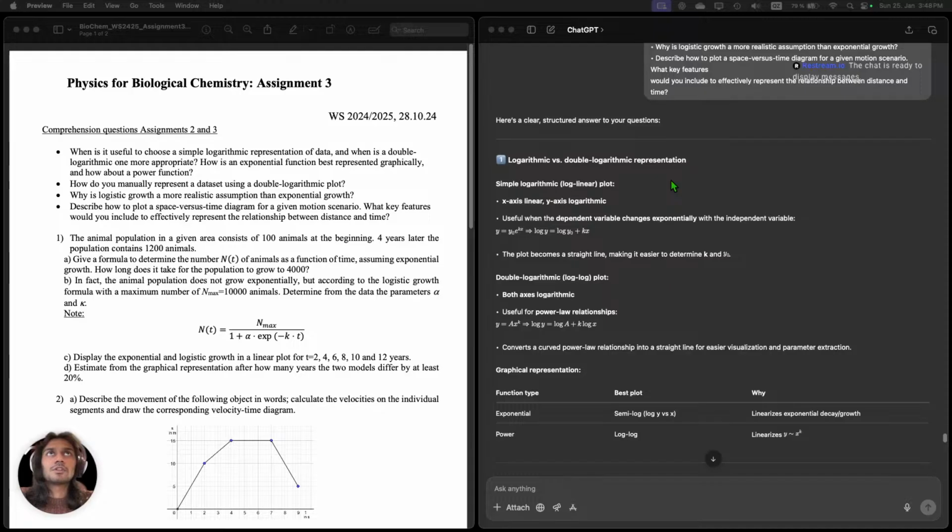Logarithmic versus double logarithmic representation. Simple logarithmic plot: x-axis linear, y-axis logarithmic. Useful when the dependent variable changes exponentially with the independent variable. The plot becomes a straight line, making it easier to determine k and y0. Log linear. Okay, so that's a simple logarithmic. Double logarithmic converts a curved power law relationship into a straight line.